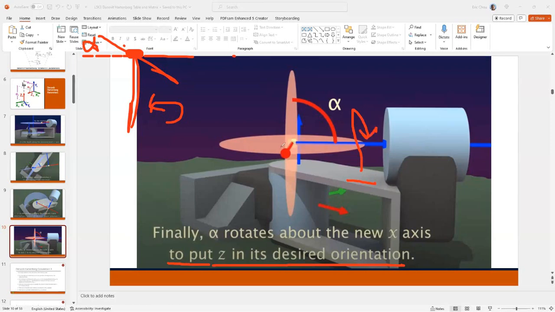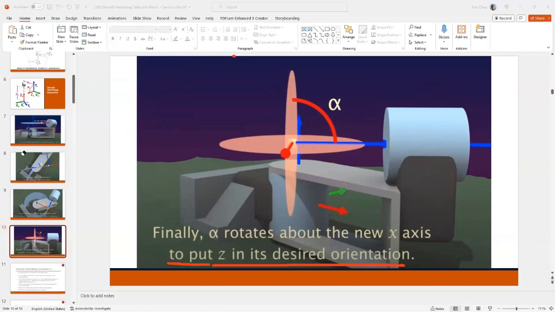But in fact it is not, because your joint location may have a certain angle, maybe even perpendicular to your joint angle. So that's called alpha.